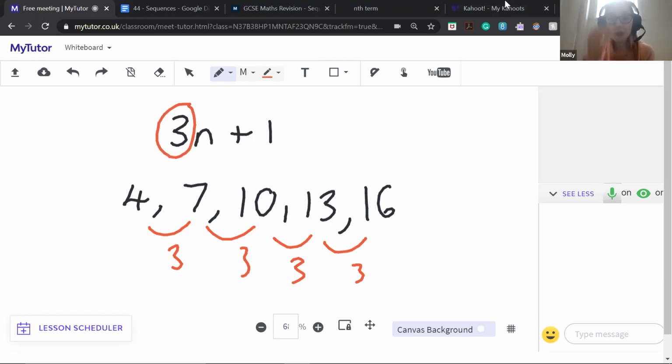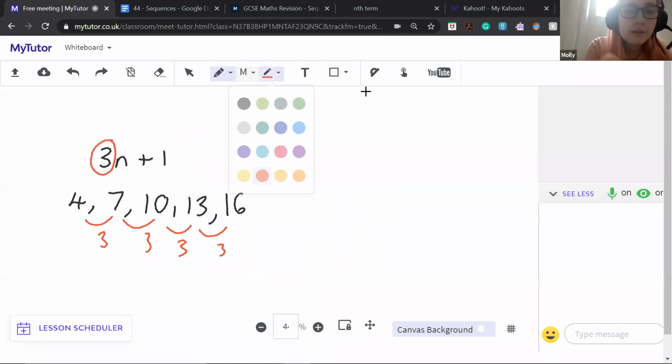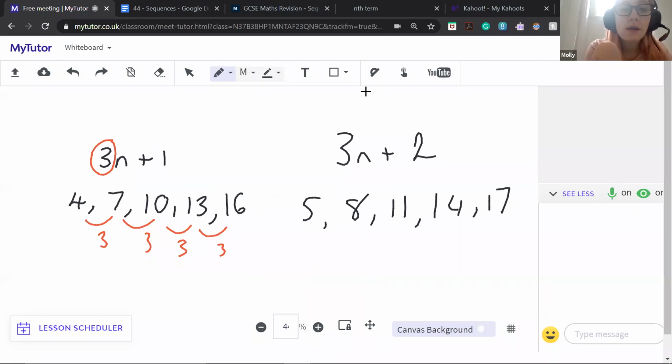So that's why I started doing them so quickly, because once I had got the first term, you just count up in 3s, because I know it's a 3n sequence. All this number on the end does is it changes the first term. So for example, if I had the sequence 3n plus 2, my first term would be 5, and then I just count up in 3s again, because of this 3n.